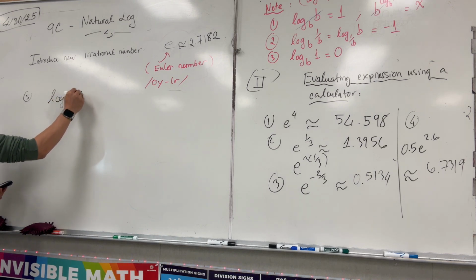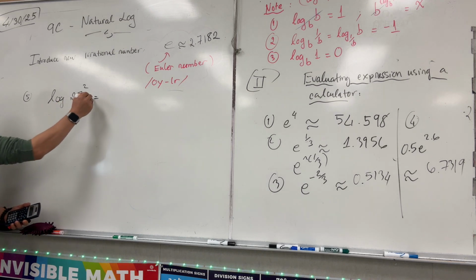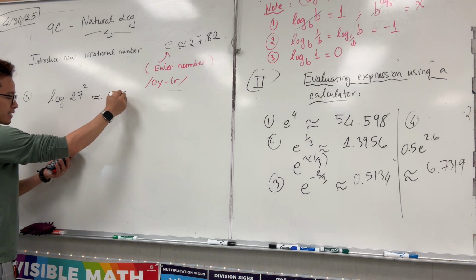Log 27 squared. Do you see the log? The log is above the ln. Good. What is log of 27 squared? 2.863, right?